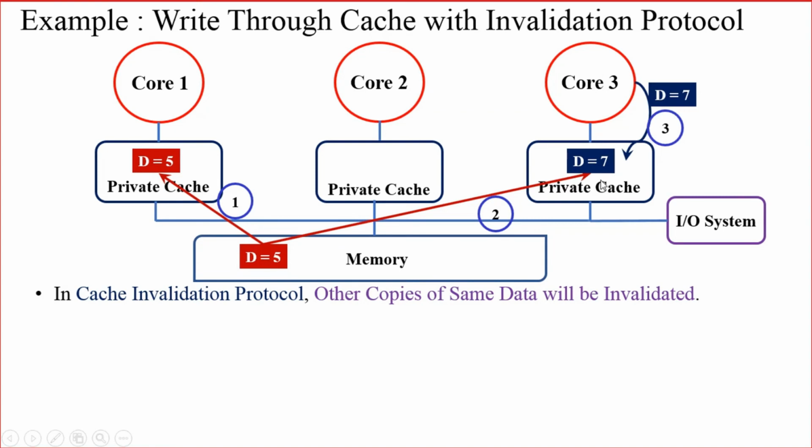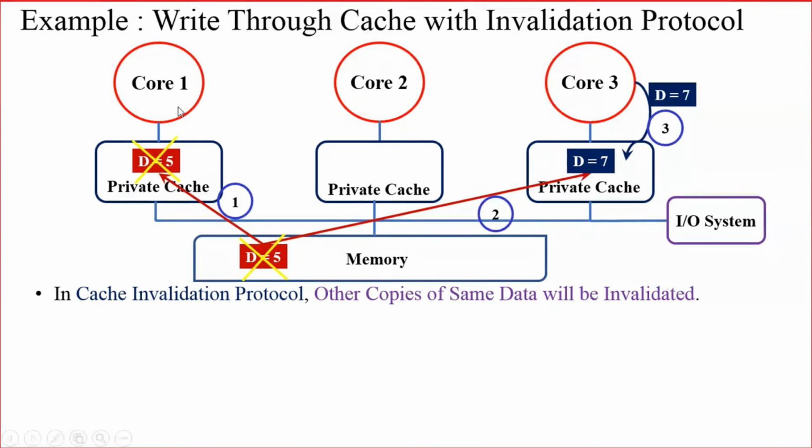So where is the same data present? The same data is present in memory as well as in the private cache of core 1. So according to the cache invalidation protocol, all the other copies should be invalidated once the update of one of the copies is performed. So the data present in memory will be invalidated as well as the data present in the private cache of core 1.